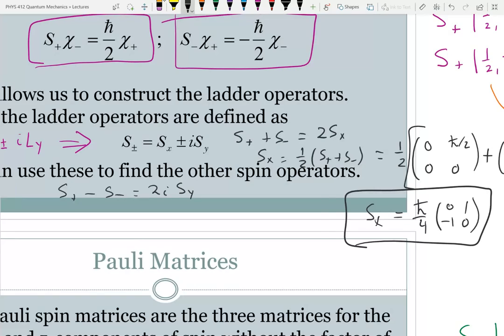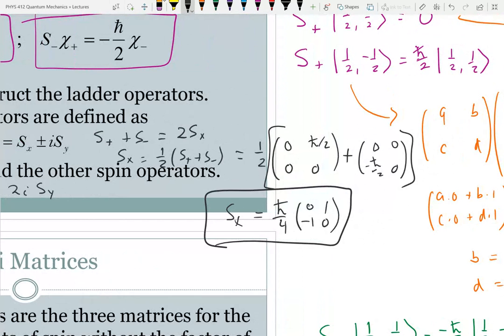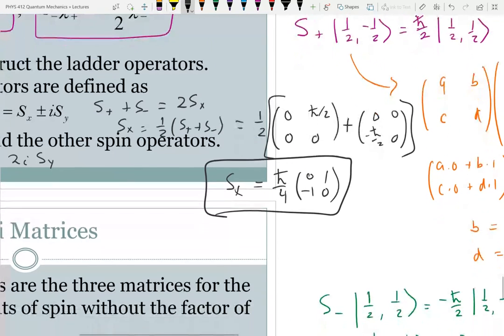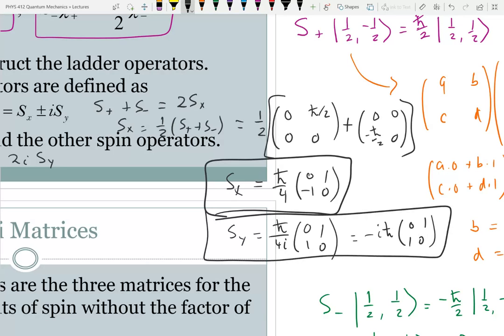And so if I do that, the only difference is that I'm going to be dividing by 2i, and I'm going to have a minus sign here, so it's going to turn out that this is a positive in that corner. So I'll have SY is equal to. So assuming I made no mistakes, those should be my SX and SY operators. Work out?